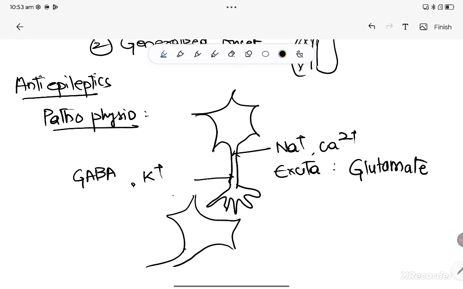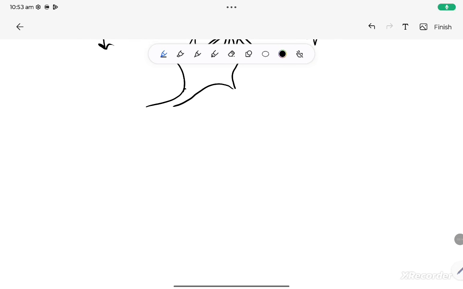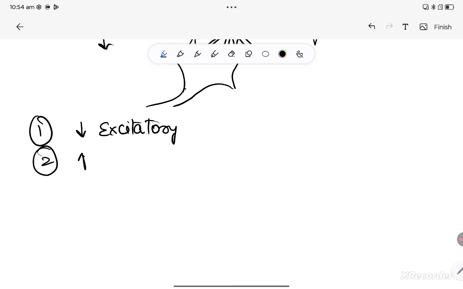In the case of epilepsy, there is either an increase in the excitatory neurotransmitters or a reduction in the inhibitory neurotransmitters. So, the primary goal of anti-epileptics is to attain that balance: either reduce the excitatory neurotransmitter or excitatory ions, or increase my inhibitory neurotransmitter or inhibitory ions.